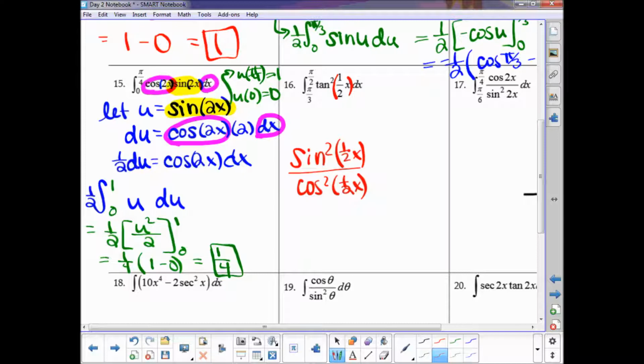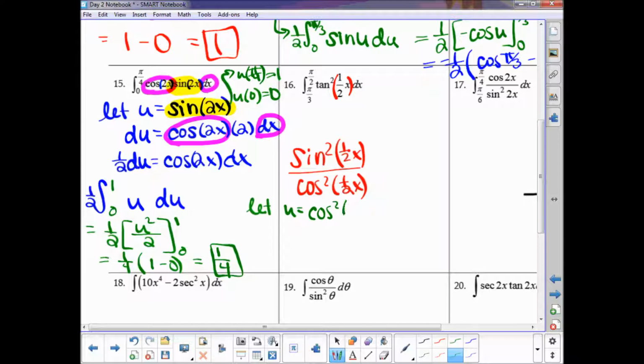Could I do a u sub with that? Possibly. If I did a u sub with this, you could pick either one here, but I would probably pick the denominator. Let's see if that would even help us out.